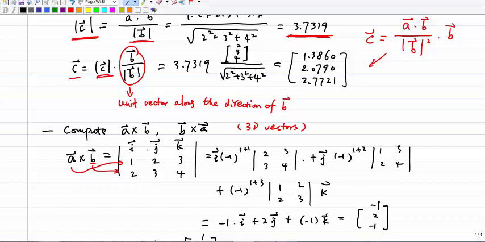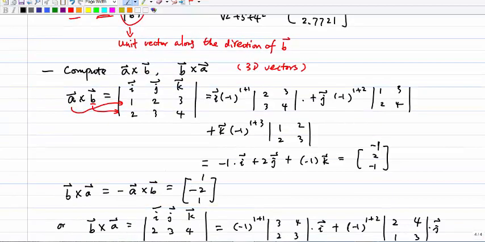Okay. So you delete the first row and the second column. You actually have 1, 3, 2, 4. And don't forget to have -1 to the 1 plus 2 because I have J on the first row and second column. Okay. And this one plus K times -1 to the 1 plus 3 because I have first row, last column. And then delete first row and last column, and the remaining entries will be 1, 2, and 2, 3.